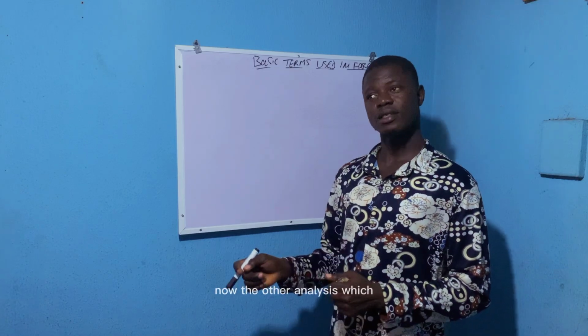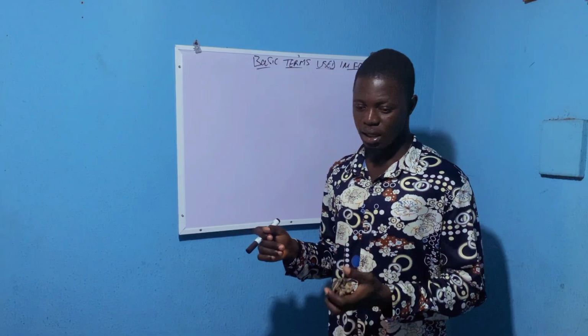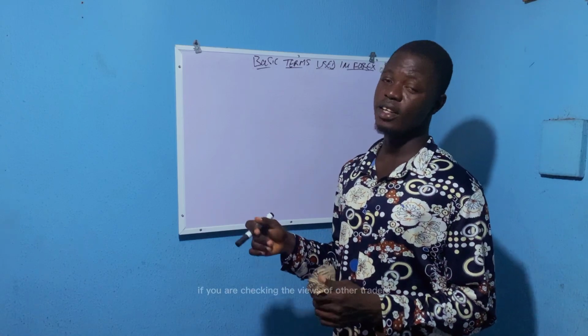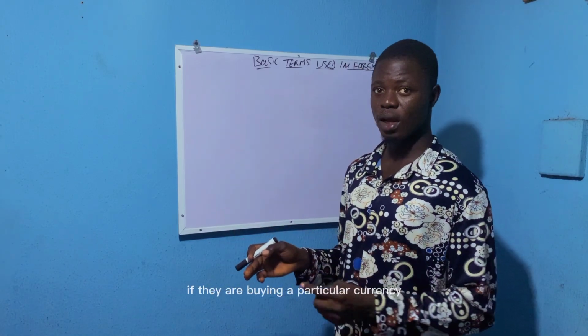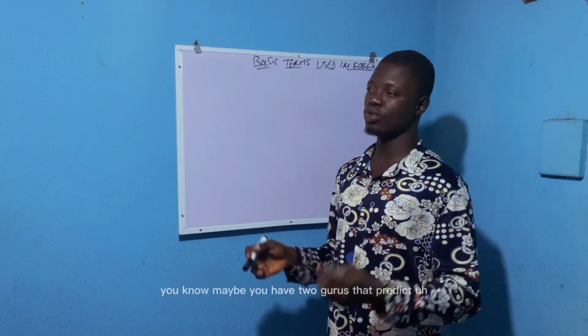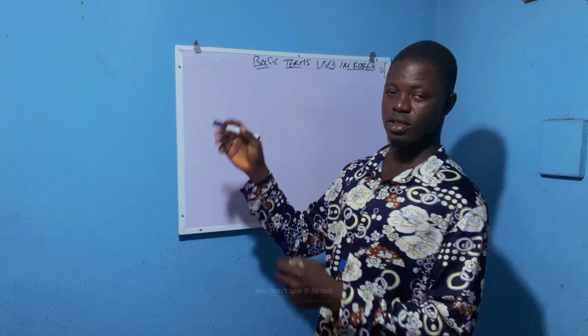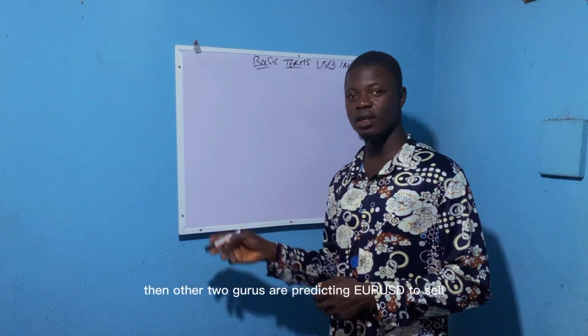Now the other analysis, which is called the sentiment analysis, you are checking the views of other traders, other top traders, if they are buying a particular currency or they are selling that particular currency. Maybe you have two gurus that predict Euro USD to buy, then other two gurus are predicting Euro USD to sell.